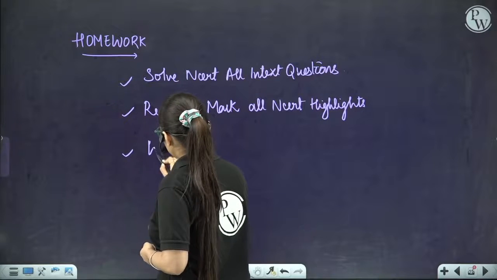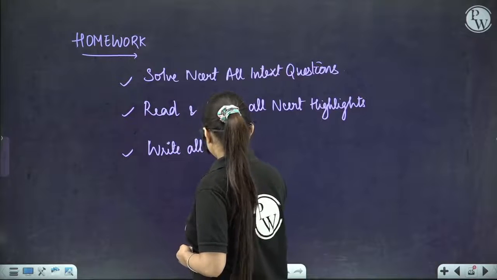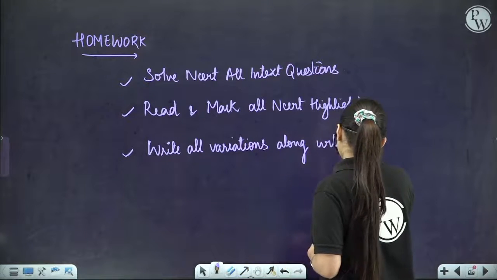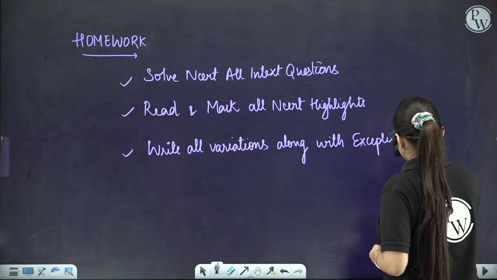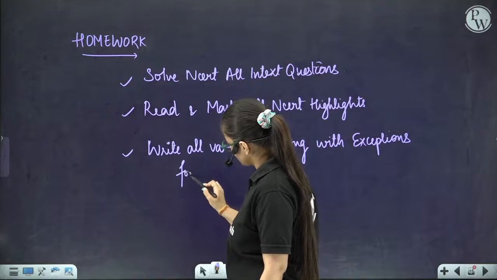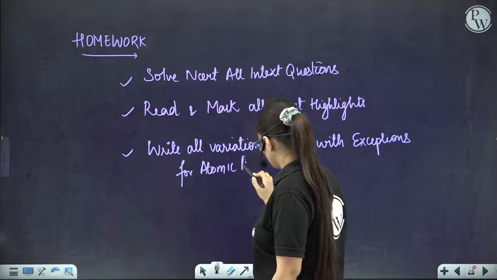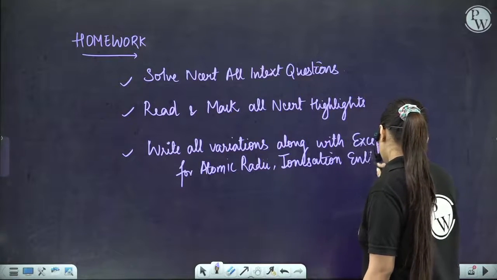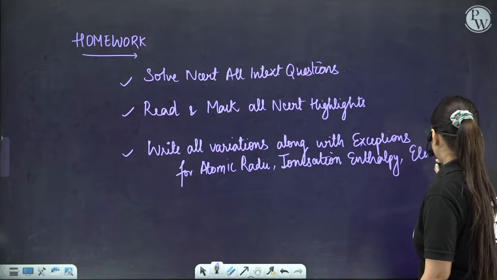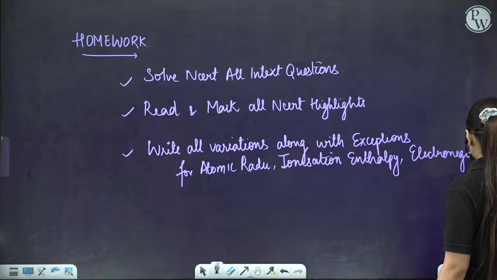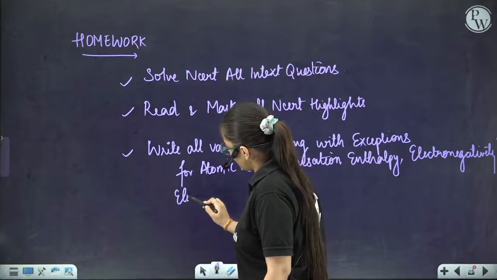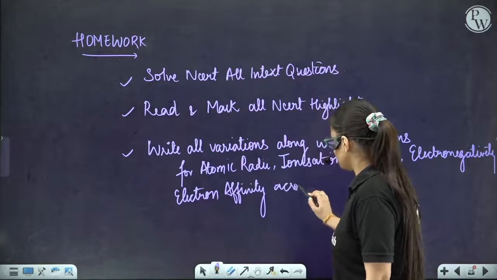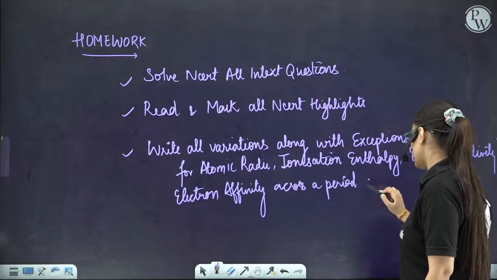Third part, write all the variations along with exceptions for atomic radii, ionization enthalpy, electronegativity, electron affinity, across a period and along the group.